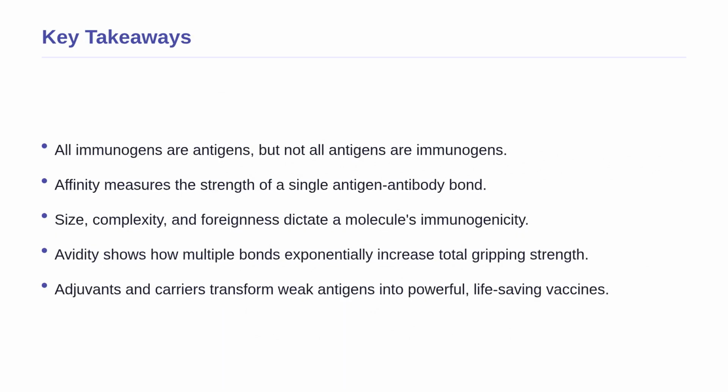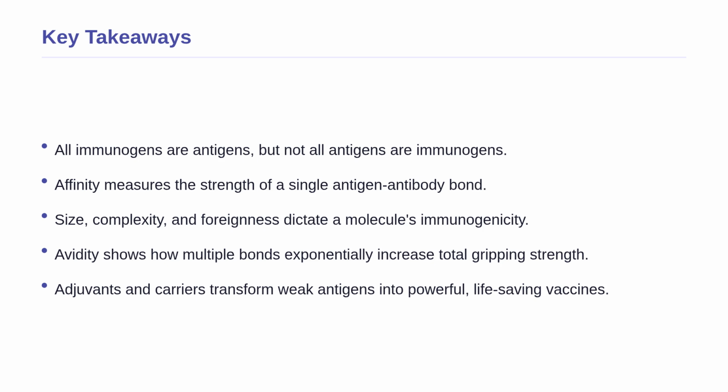We have covered a lot of ground today, so let us review our key takeaways. First, remember the golden rule. All immunogens are antigens, but not all antigens are immunogens. Second, we learned that affinity measures the strength of a single bond, while avidity shows how multiple bonds exponentially increase total gripping strength.